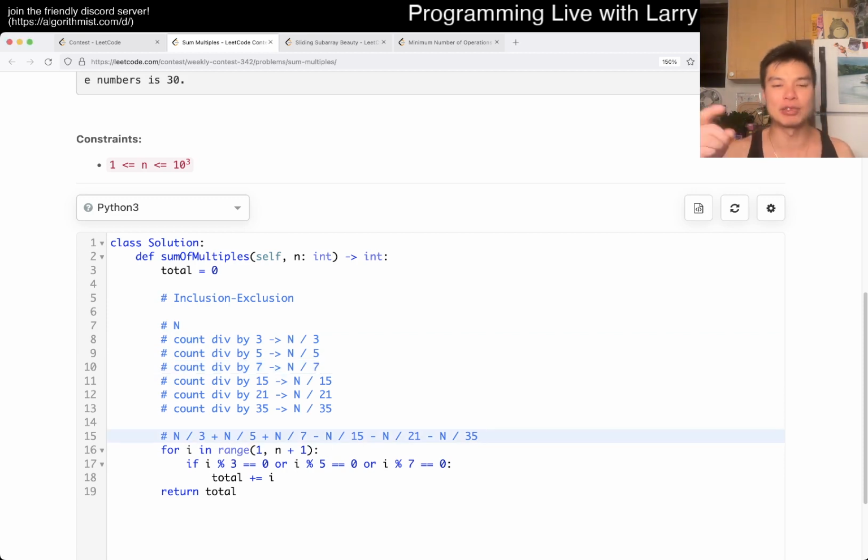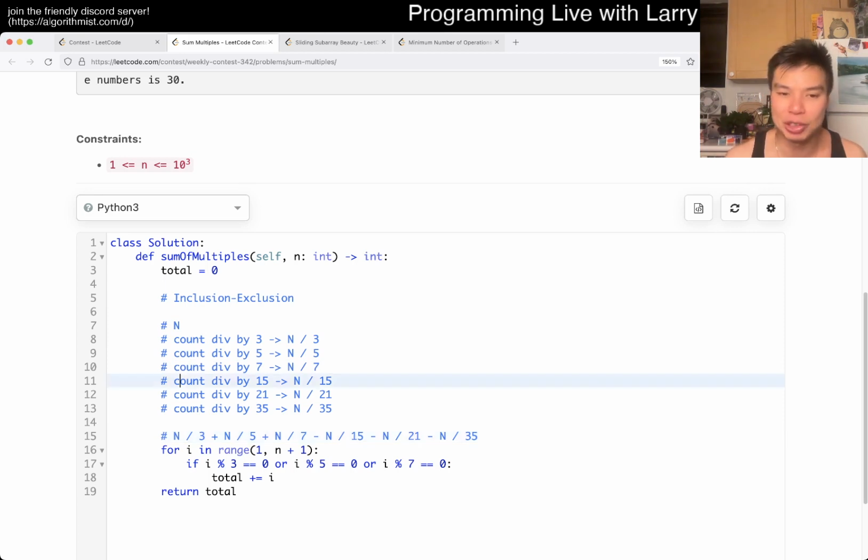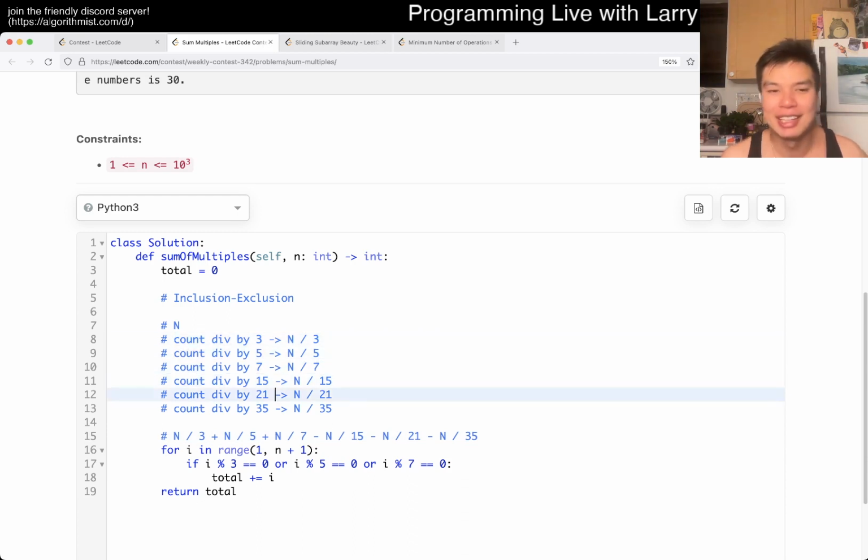Because if you have multiples of 105, it gets added in 3 places, and then it gets subtracted out in all 3 places again, so you have to add it back in. So you add n over 105, and this would be roughly your answer.